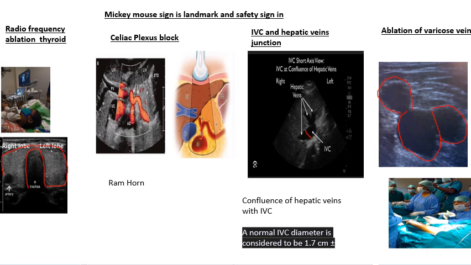Your femoral artery and your saphenous vein may be the same diameter, but one will pulsate on a real-time ultrasound examination. This is a still picture. So the answer is ablation of varicose veins. You will look for this safety sign, not elsewhere. Here they don't come. It is not called target sign, but you'll be looking for these signs.